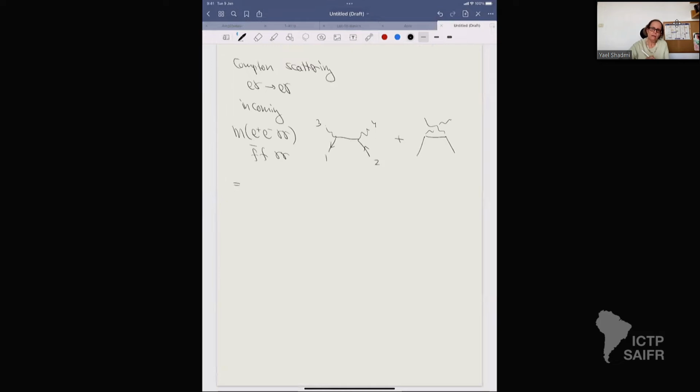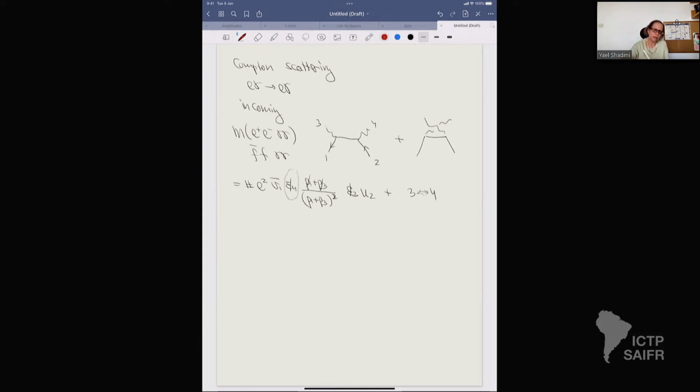The first diagram gives us e squared, the coupling, times v1 bar epsilon 4 slash, (P1 plus P3) slash from the fermion propagator divided by (P1 plus P3) squared, epsilon 3 slash, u2, plus the same thing with the exchange of 3 and 4. This is completely standard stuff. Now, we see immediately that we have three gamma matrices here.